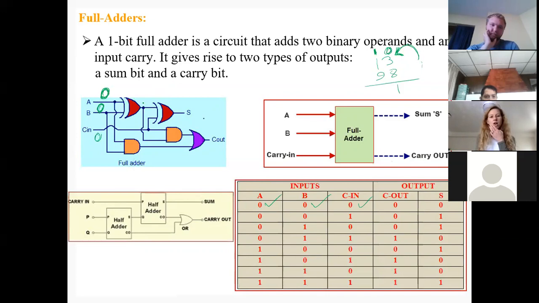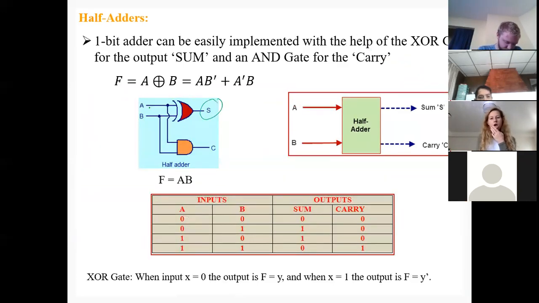Does it give you 1? Really? When this is 0, this is 0. My bad. Yeah, so when this is 0, you get exactly B. Okay? When this is 1, you get exactly the opposite of B.